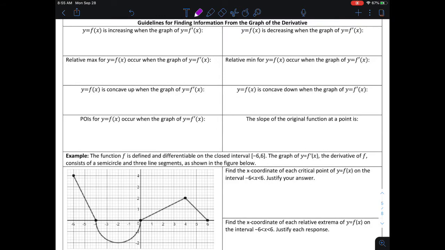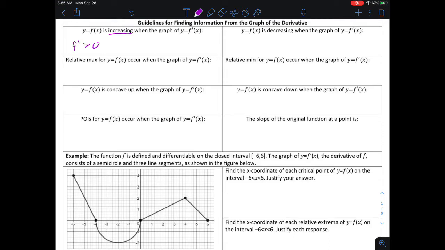And so what I have here is a table that is going to be a little cheat guide for us. The function y equals f of x will be increasing where the graph of my derivative is doing what? Well, we're talking about the graph of f prime, and we know that a function is increasing where the derivative of x is greater than 0.